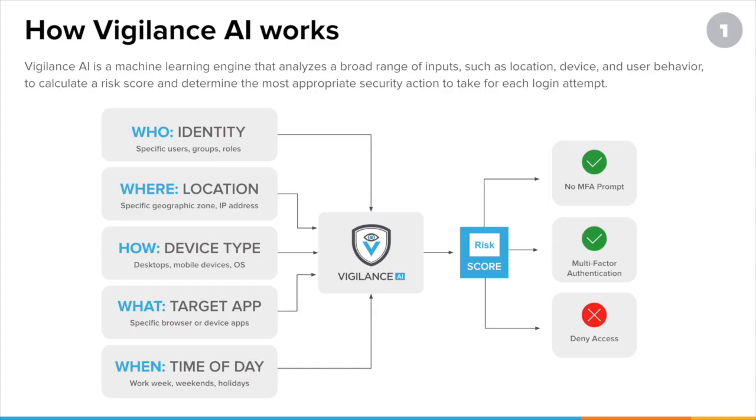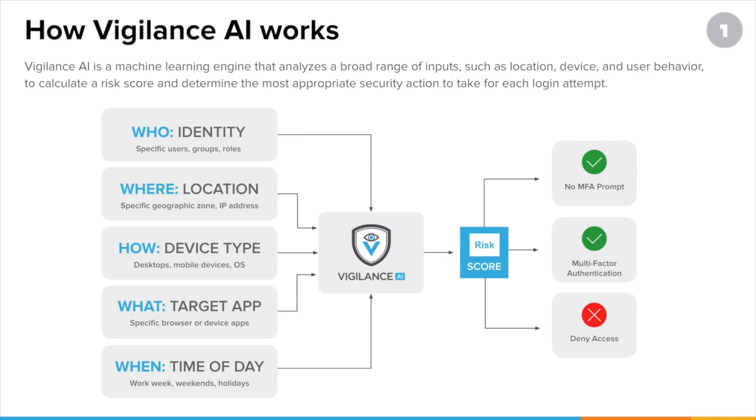Their location information, device they are logging in from, the browser they're using, and other details like time of day. The Vigilance AI engine takes all this information in and forms a typical login behavior profile for each user. If a user changes their behavior over time, the profile will adjust to their new behavior.